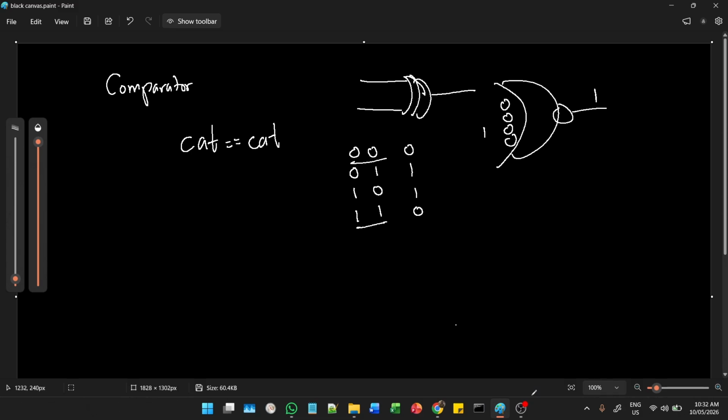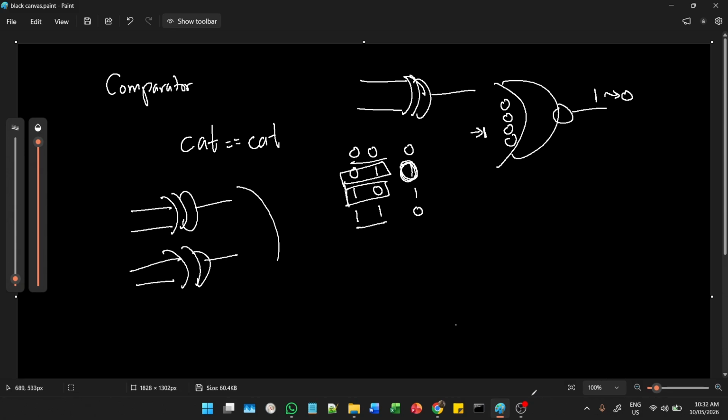Let's say you get even at least 1 here to this OR gate, which will convert into a 0, right? So if there is at least one difference, right, there's a 1 over here which will be added here, which when it comes over here will become a 0. That is how a comparator works. So comparator is made up of exclusive OR gates, and all of them are connected to a NOR gate, right? That is how a comparator works.